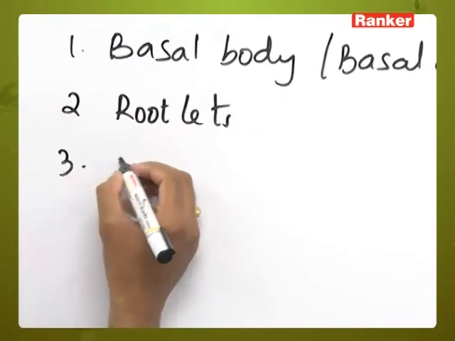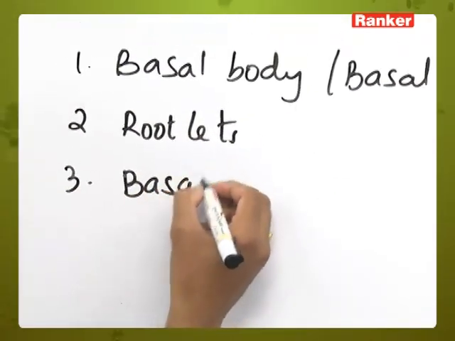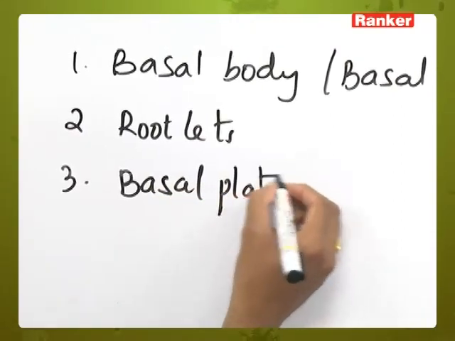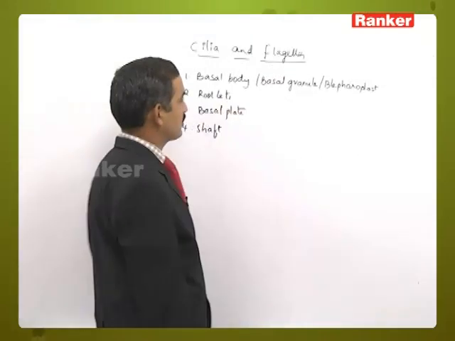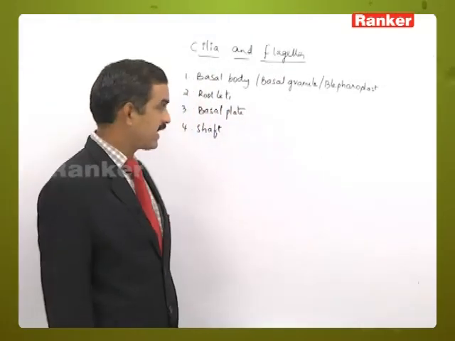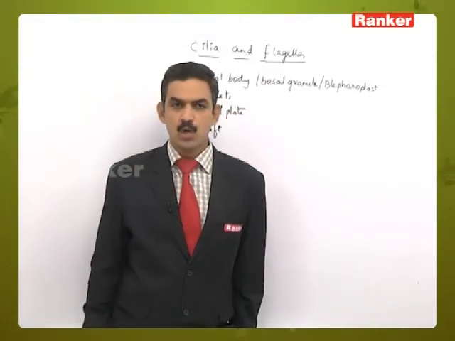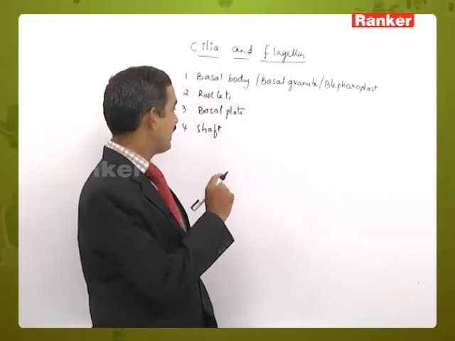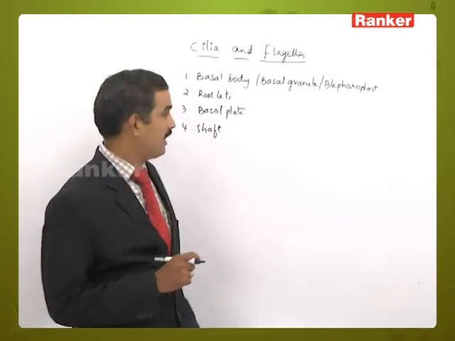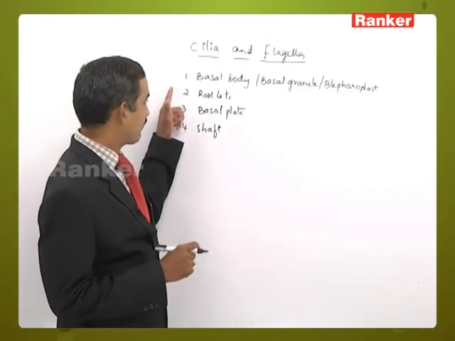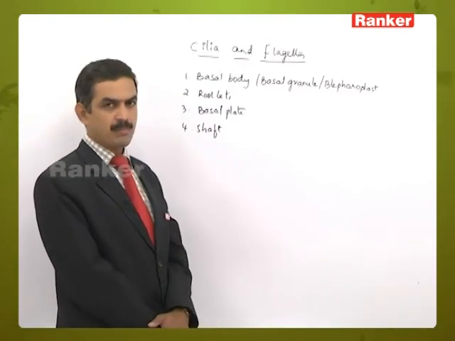Third one, basal plate, and fourth one, shaft. So these are the four structures that we can see, but basically we say that in the basal body, the hook-like structure will be present, and above that the axoneme is present, that is a long filament-like structure. But here we can differentiate the parts into four parts.